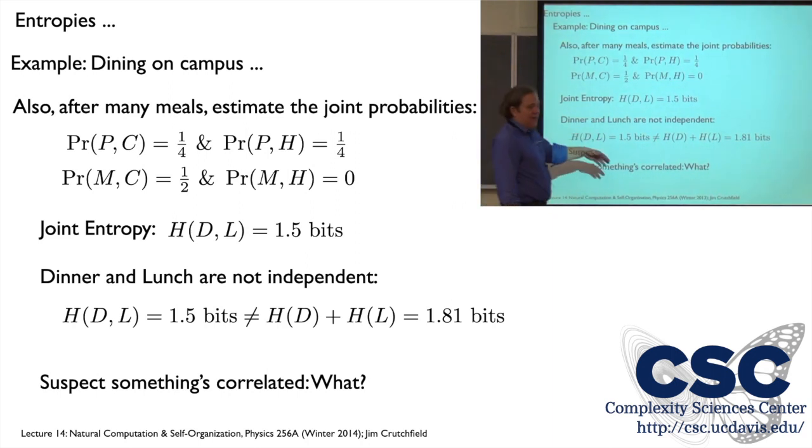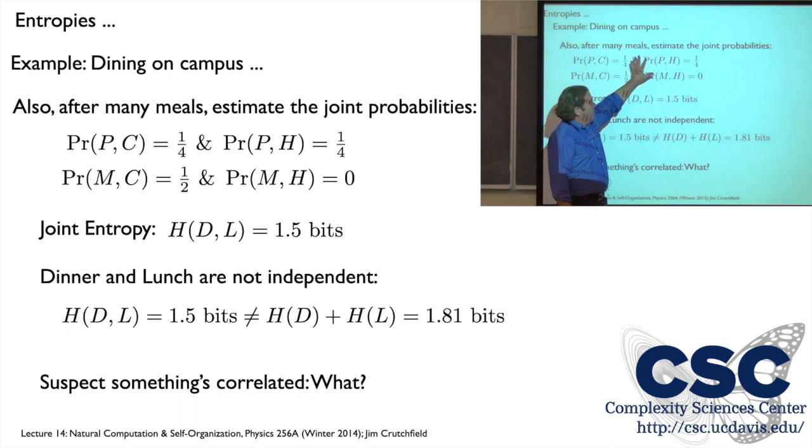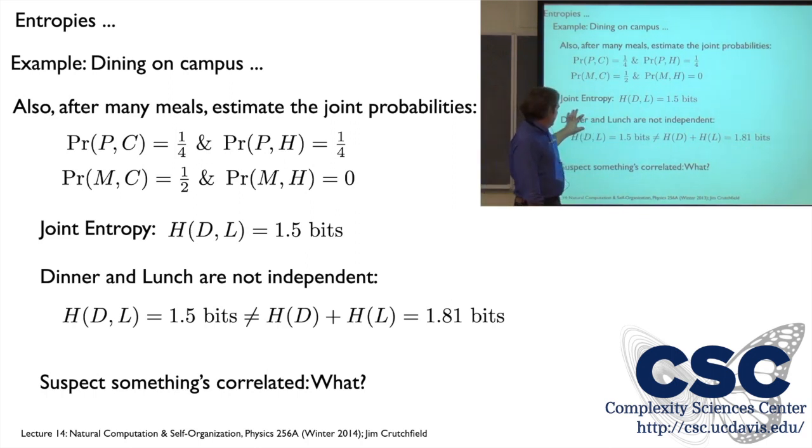Well, first, the exercise is to convince yourself that with this joint distribution over dinner and lunch, there's 1.5 bits of uncertainty in the pair of events. That's just, again, plug in the numbers and chug. And you can also immediately conclude that the dinner random variable and the lunch random variable are not independent, right?